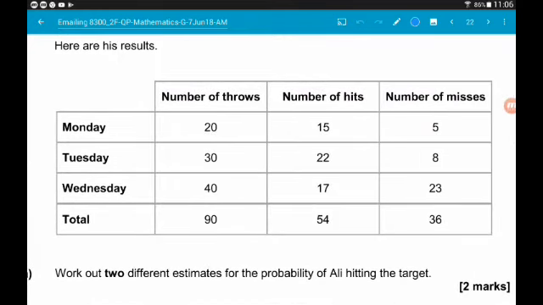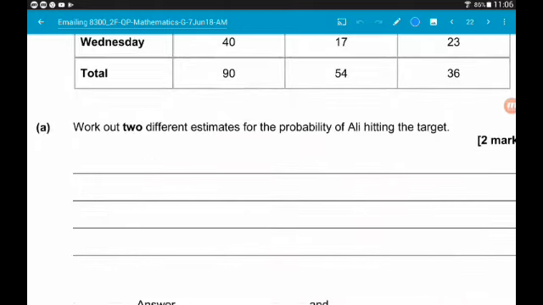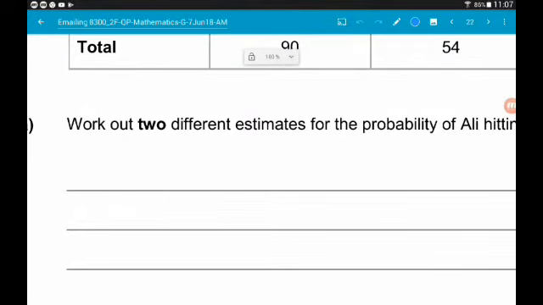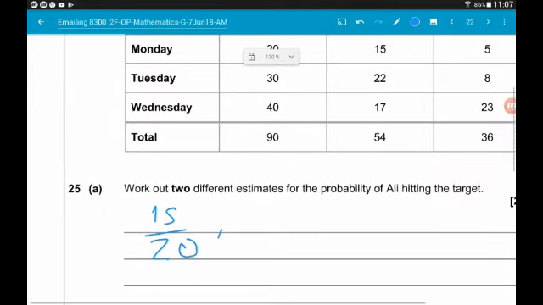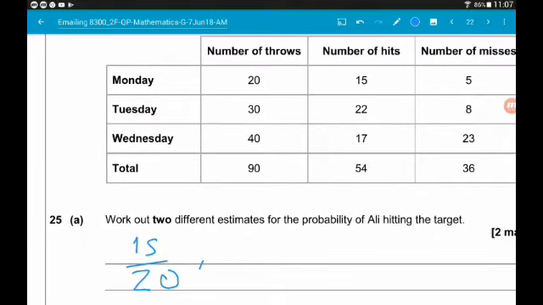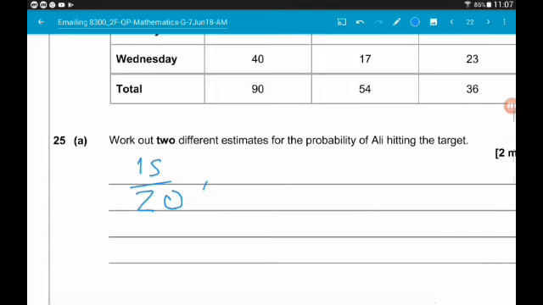He hit the target 15 times out of 20. So that's one of them. And then on Tuesday, he hit the target 22 times out of 30. So there's another one.